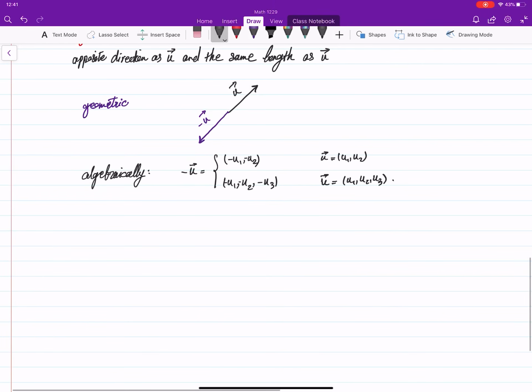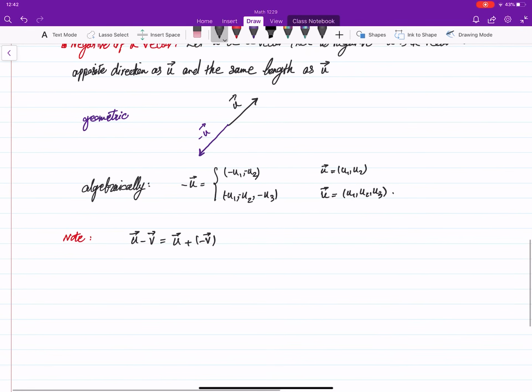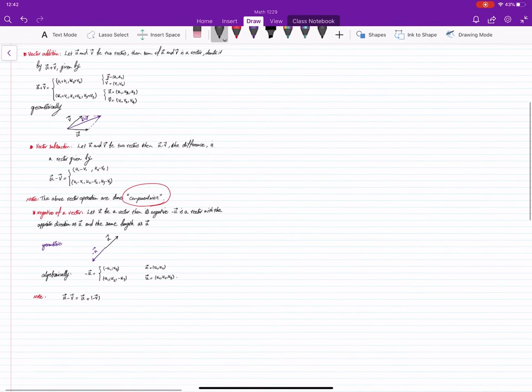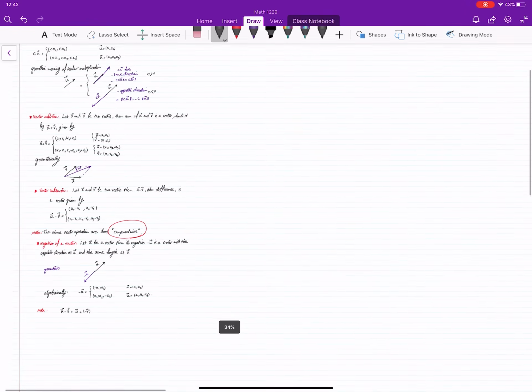But with what is written there, you can easily see that when someone says U minus V, what we basically mean is we are adding U to the negative vector of V. And that means that you're doing something in the components as we have seen in the above work. So you subtract the corresponding components, and put them in the corresponding spots.